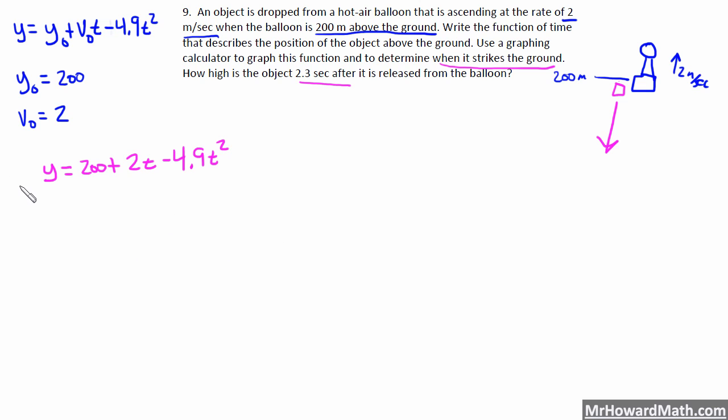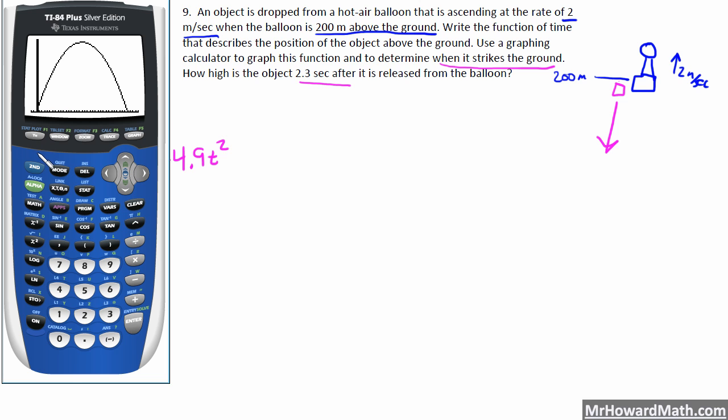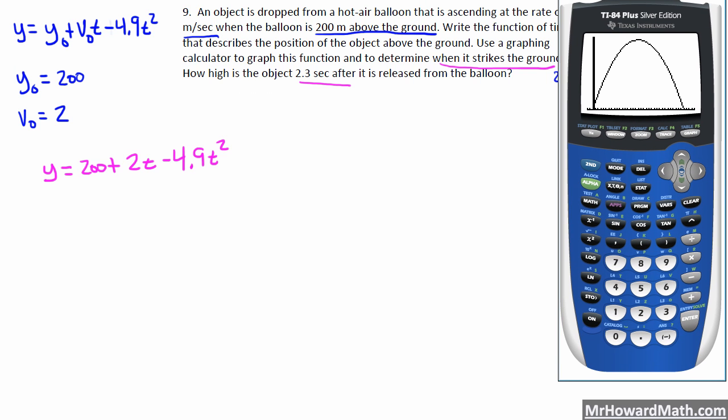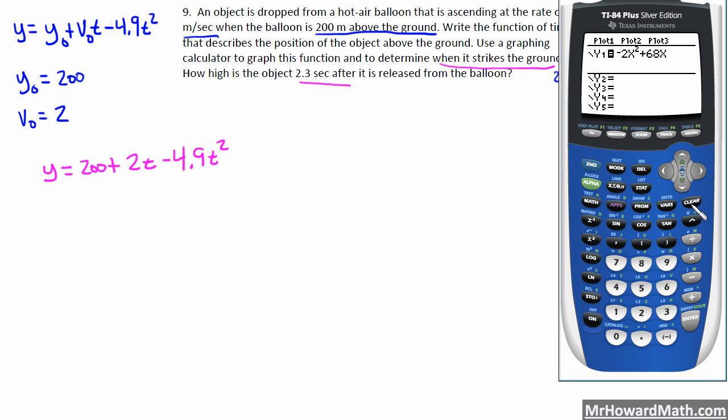Alright, so if we put this in our calculator, so I'm going to slide my calculator over here for now, since we have our equation right here. So y equals, clear that out, 200 plus 2x minus 4.9 x squared.